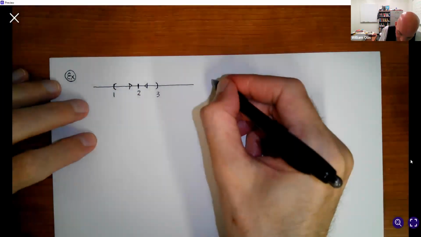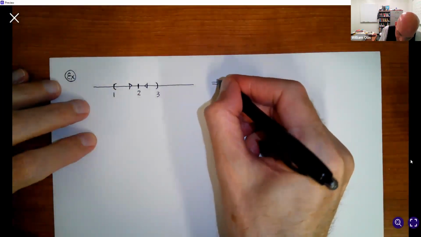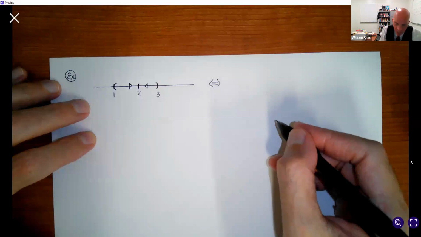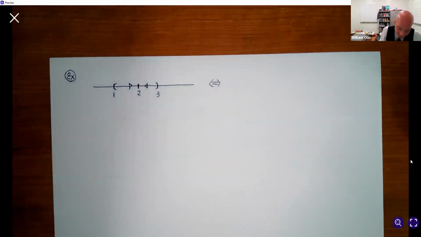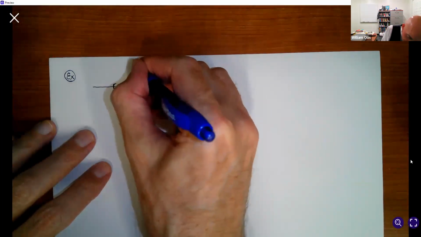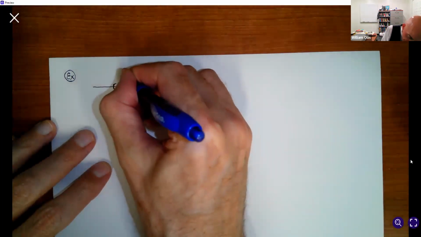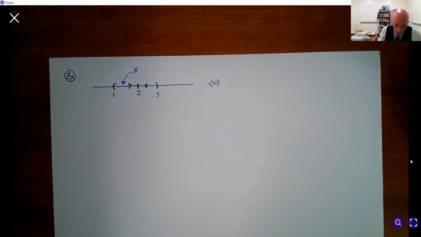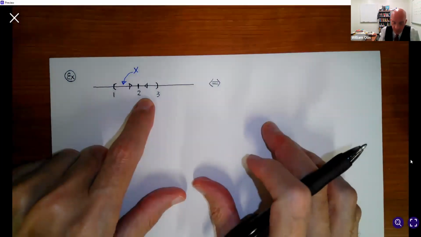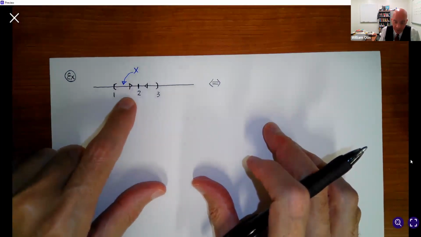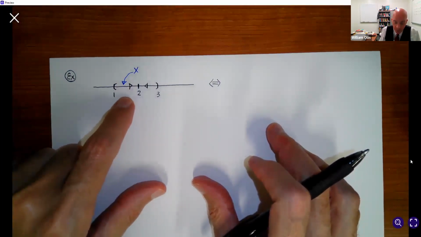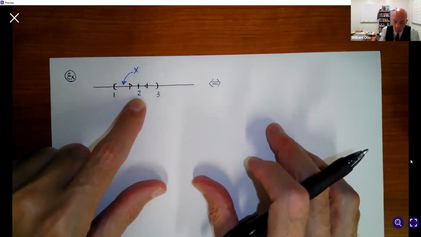So how could we actually define this with absolute value? Well, now you can see it's very simple. If we take x here, we want it to live somewhere in the interval. We could say x lives between 2 and 3, and x lives between 1 and 2, but of course we would want to include that.